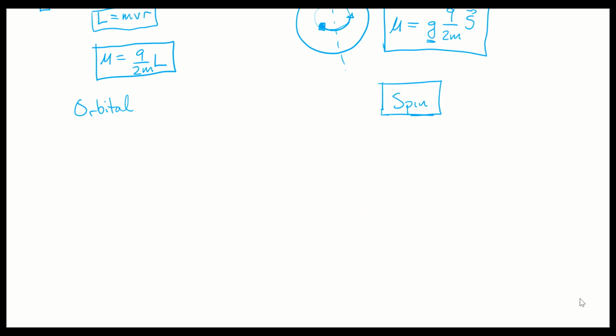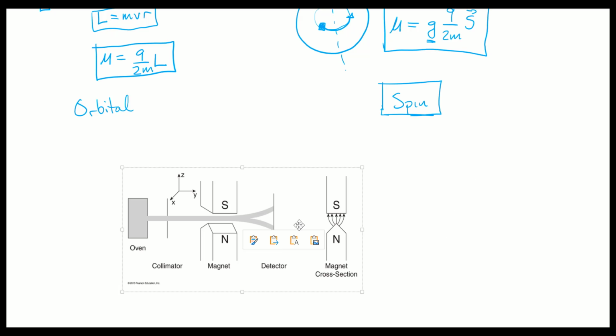So what have we got so far? Well, we've taken our Stern-Gerlach experiment, which took an oven, shot some neutral silver particles through a magnetic field gradient, and we saw it split into two possible values of the magnetic moment in the z direction.